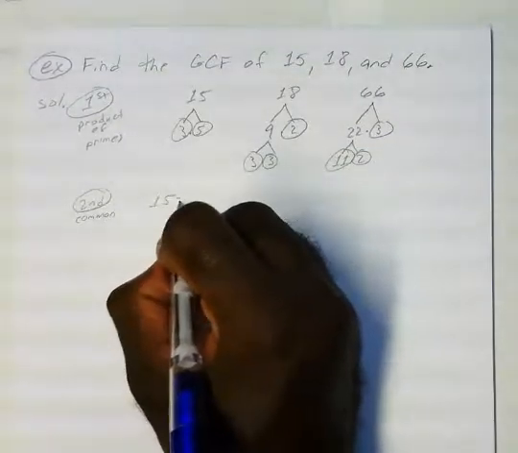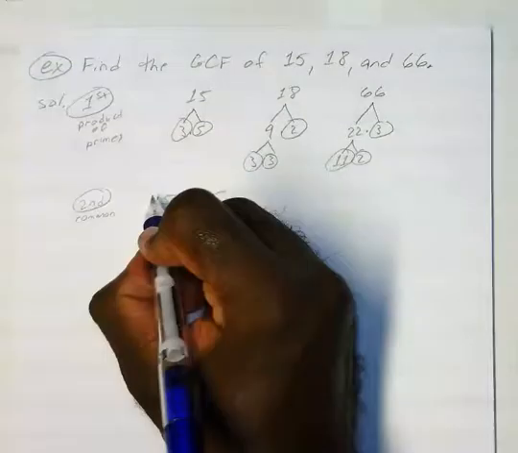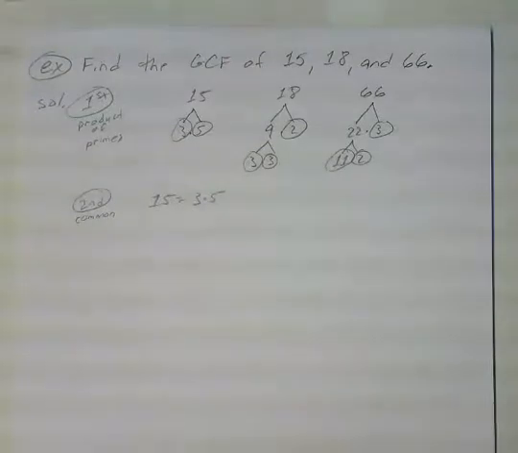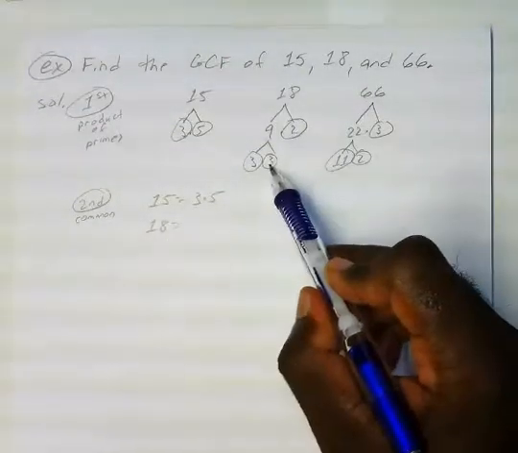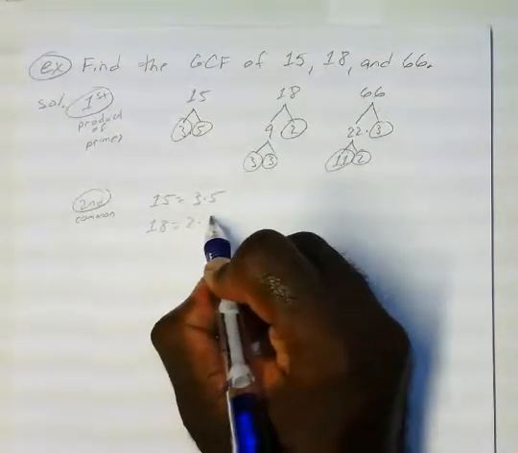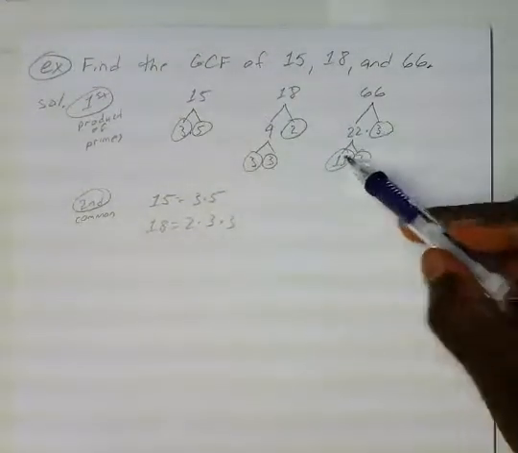So 15, which is 3 times 5. Let's straighten that one up a little bit more. There we go. 18, which is 2 times 3 times 3. And 66, which is 2 times 3 times 11.